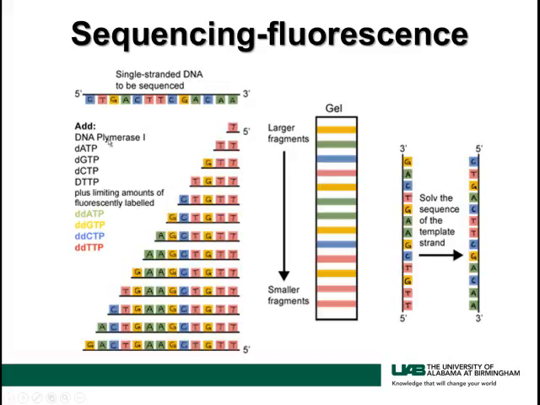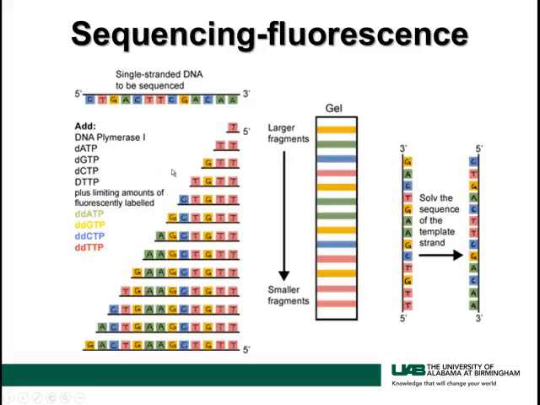So you have DNA polymerase in addition to the single strand DNA template. And then you have the deoxy A, G, C, and TTP, right? They're all mixed together, plus the dideoxy A in the A tube, dideoxy G in the G tube, dideoxy C in the C tube, dideoxy T in the T tube.